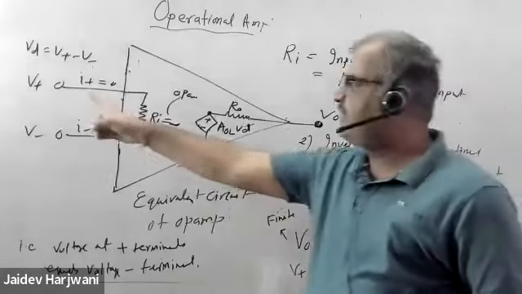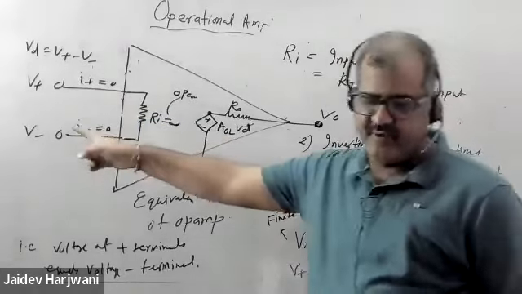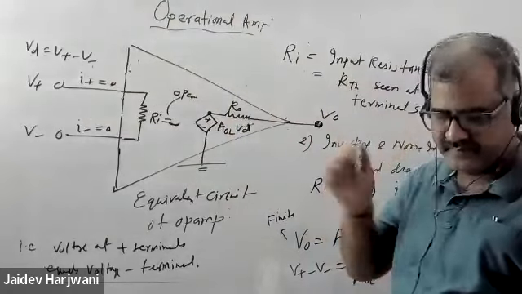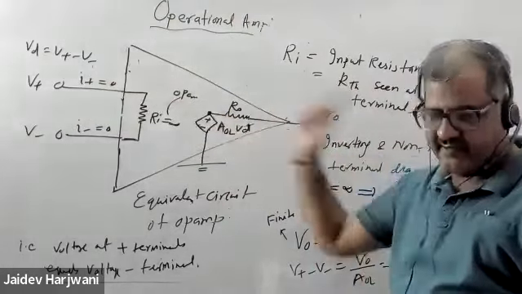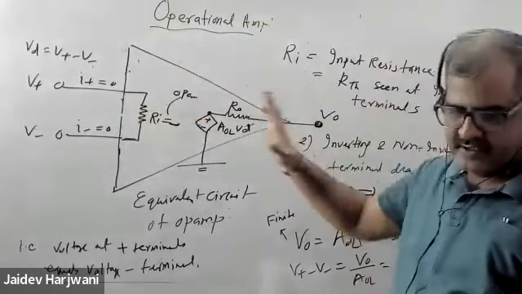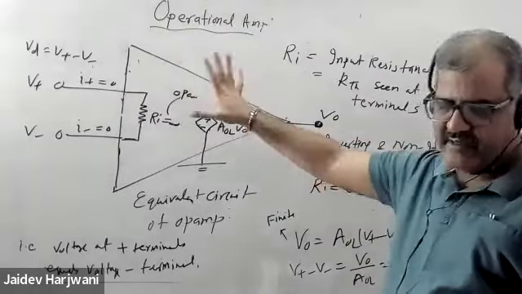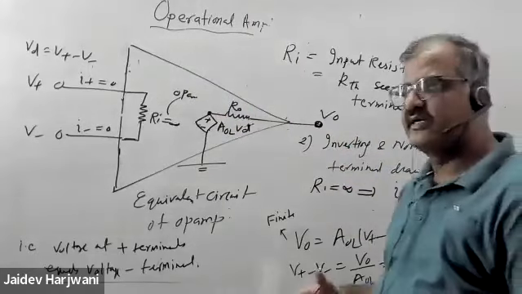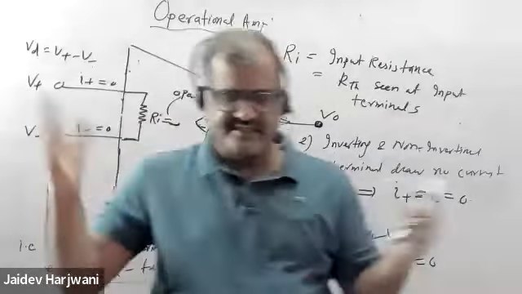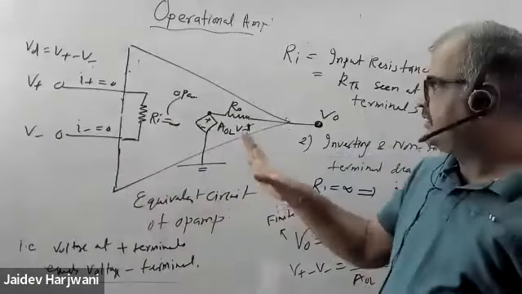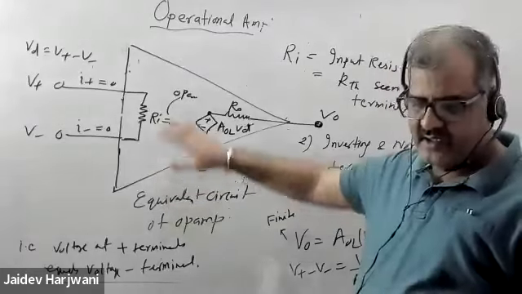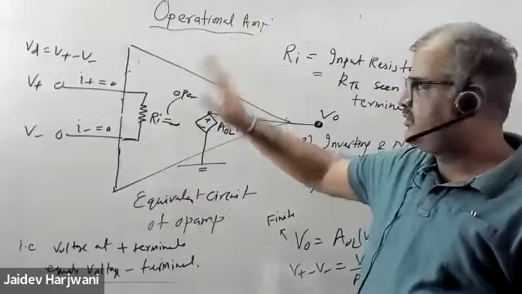Any current will not go through this input, because this is an open circuit. Internally there is no current from the input here. That is basically the equivalent circuit of an op amp. Basically an op amp is made of many transistors, but the equivalent circuit you can show by this. What is internal you don't bother about; you only remember this.